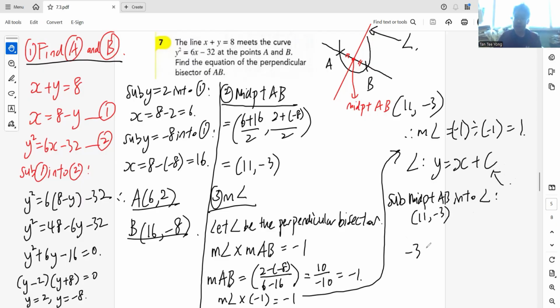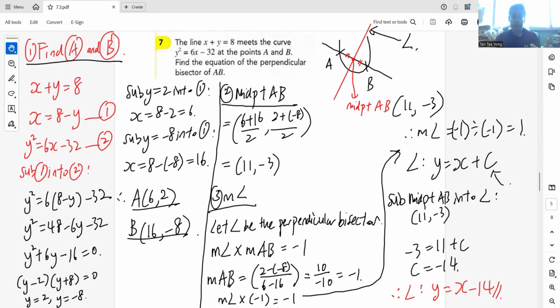So negative 3 equals 11 plus c, so c equals negative 14. Therefore, L is y equals x minus 14. This is the equation of line L.